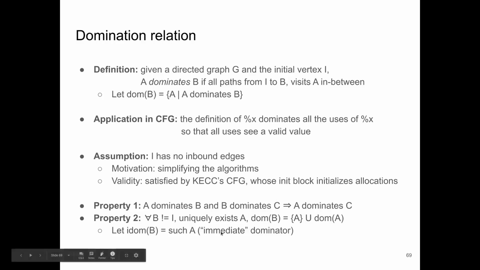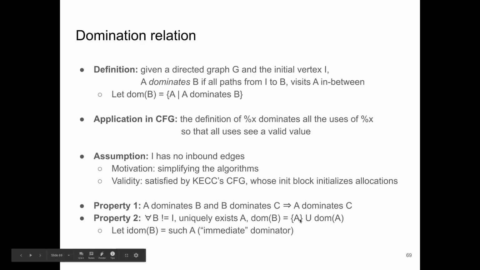It says that for any vertex B that is not the initial one, there uniquely exists another block A such that the dominators of B are the union of A and the dominators of A. In other words, for any B that is not the initial one, there is something called the immediate dominator, the smallest or closest dominator, which is A. That A is actually a dominator of B.